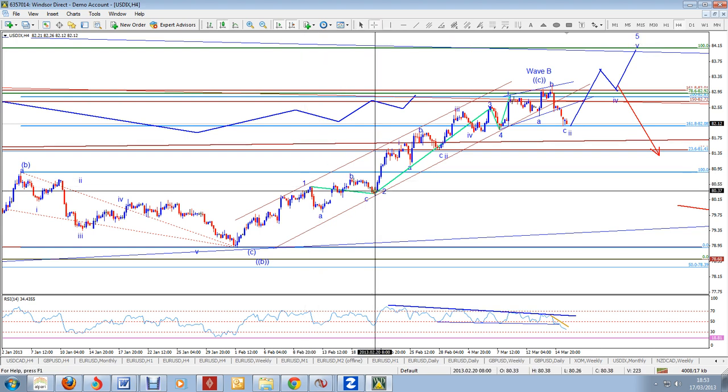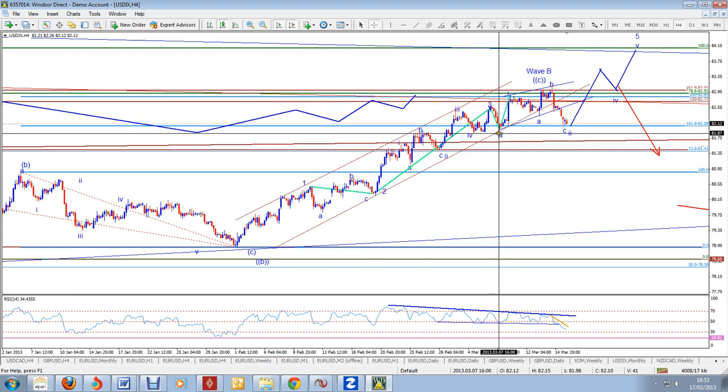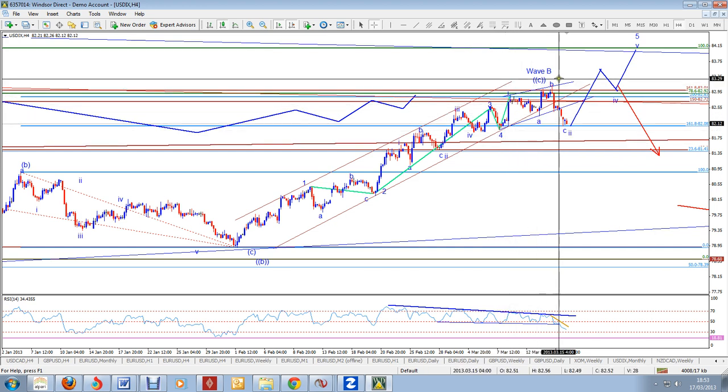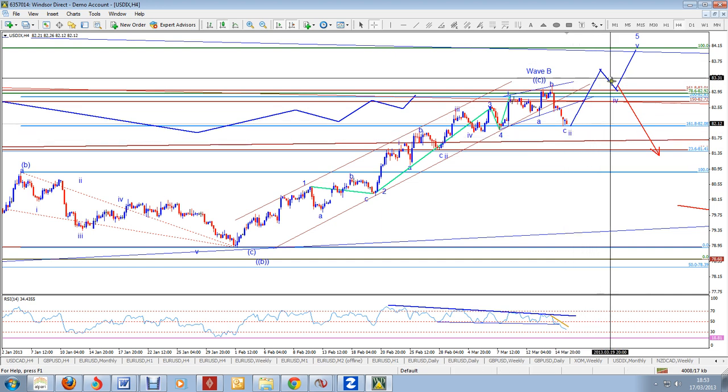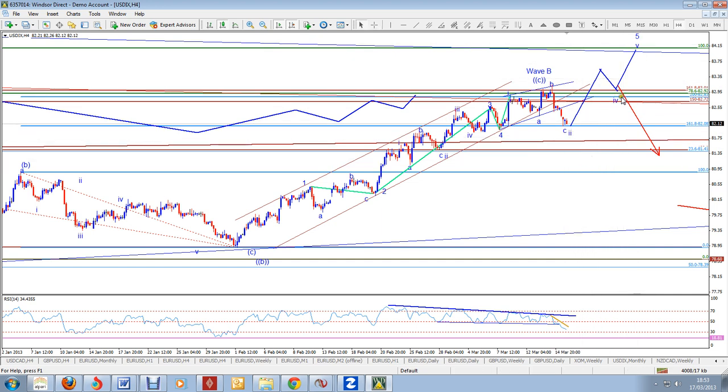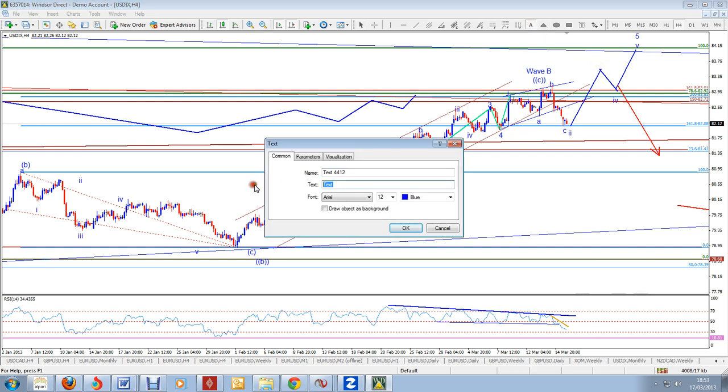So wave 1, wave 2, then this is wave 3, this is wave 4, and then in this fifth leg we've got 1, A, B, C, expanding flat as a 2, and then we got 3, 4, and 5. So then whole week I would suspect we will probably have a dollar index moving up, wave 3.